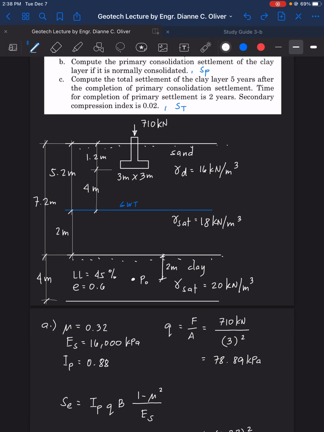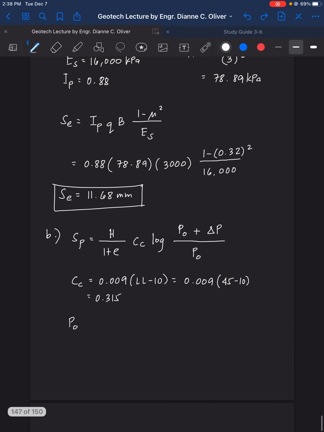So that's 5.2 times 16, the dry sand, plus 2 times 18 minus 9.81 for the saturated sand, plus 2 times the saturated clay, 20 minus 9.81. So P sub O is equal to 119.96 kilopascal.